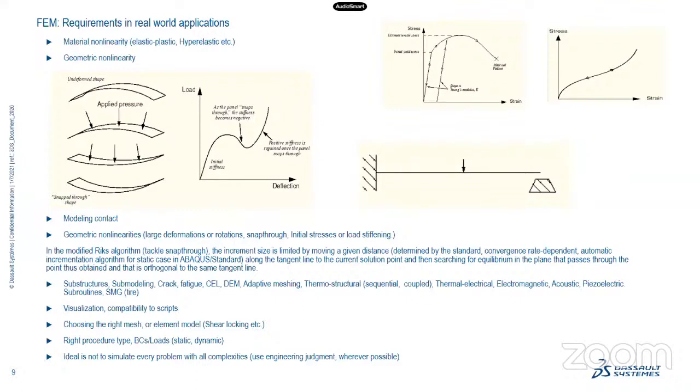In our tools, if you have a contact between two surfaces, we model it as a slave and master, and we define the slave nodes to master node constraint. Different methods are there. So that's about modeling contact.